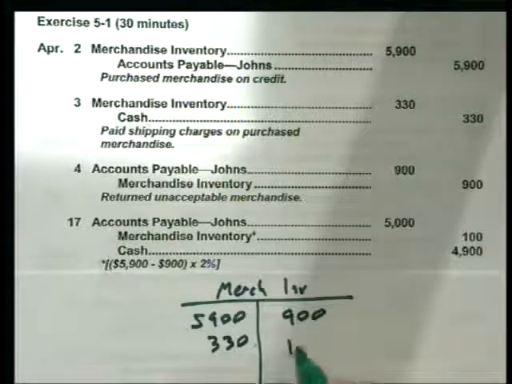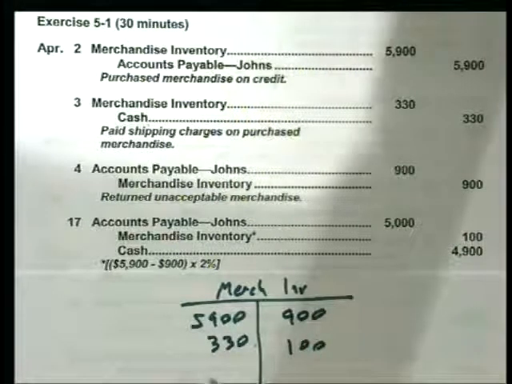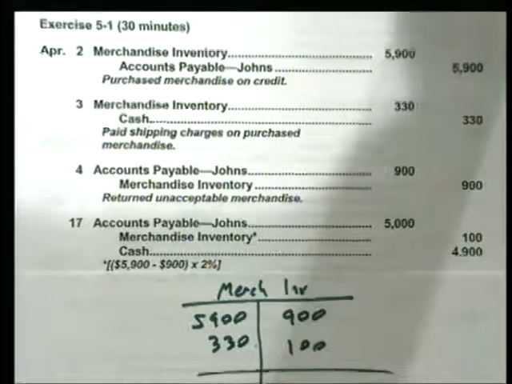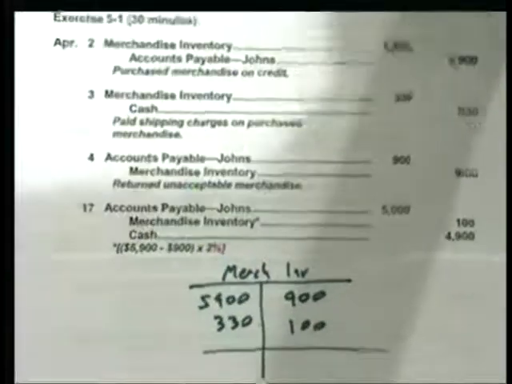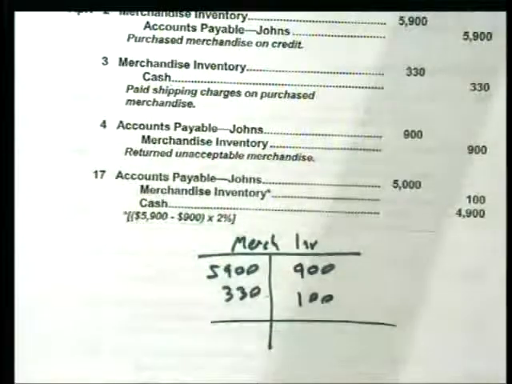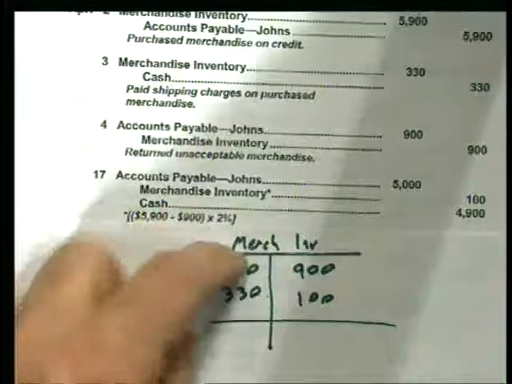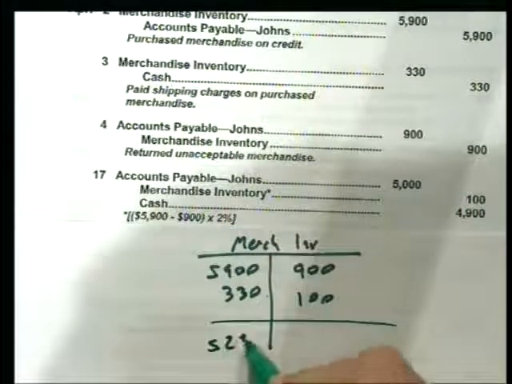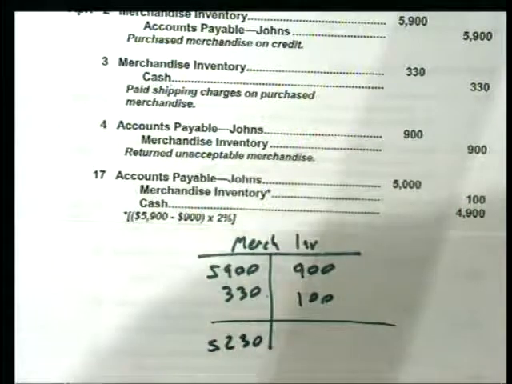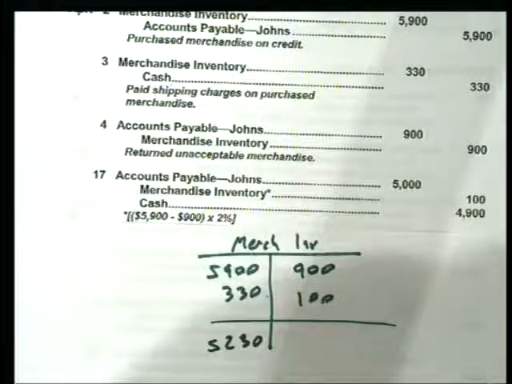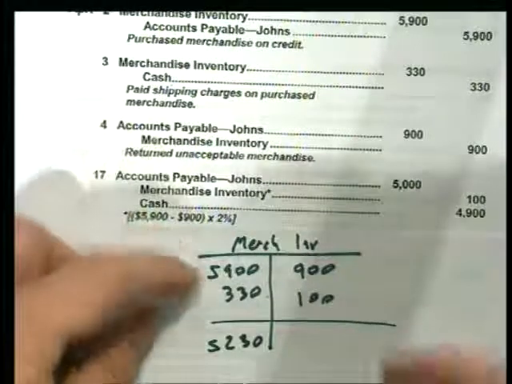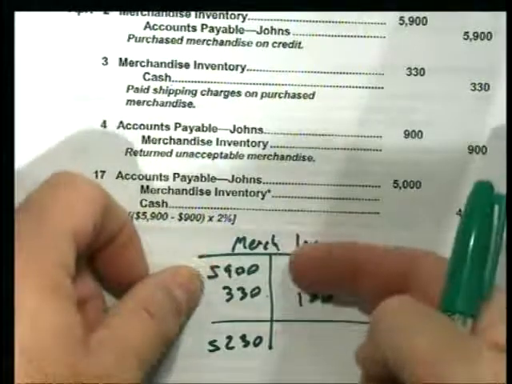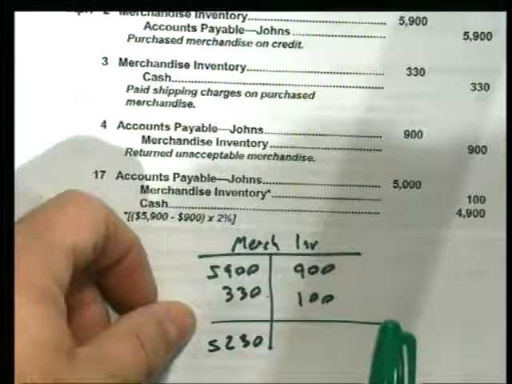And then we reduced it by $100. So total, in the end, that merchandise inventory, let's see, that's 5,000. I think that's 5,230. Is it? Somebody bang that out. Okay, that's 5,000 plus. I think that's 5,230.